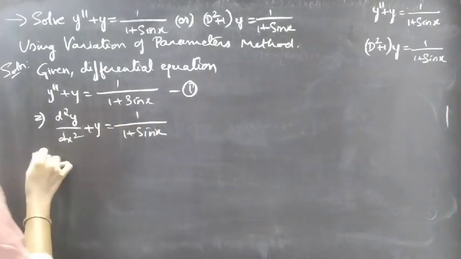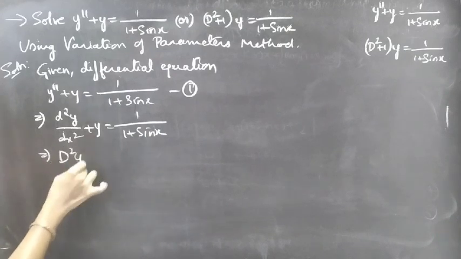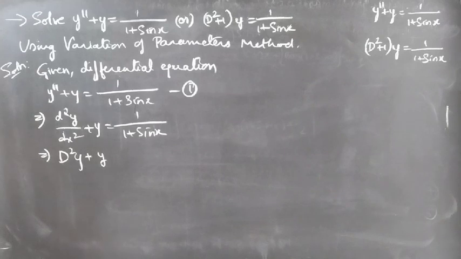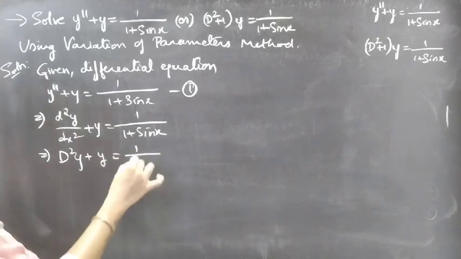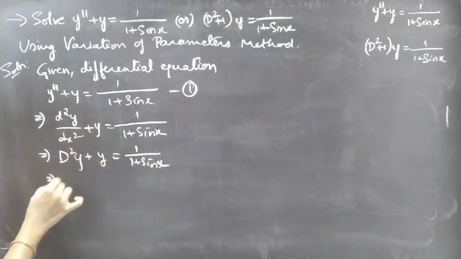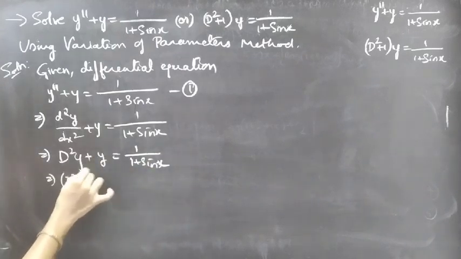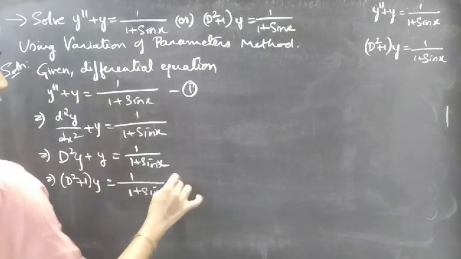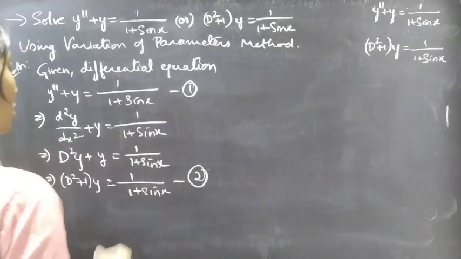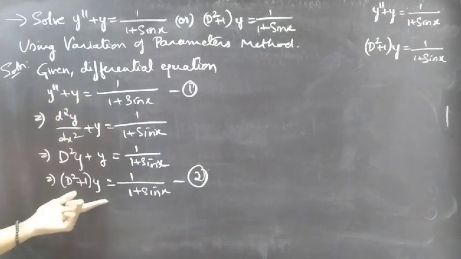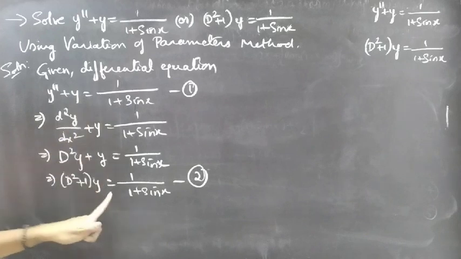Now we'll write d square y by dx square as capital D square y, using differential operator D. Now take y common from the terms of the LHS. Consider it as equation number 2, which is in operator form. So equation 1 and 2 are the same equation, in operator form.